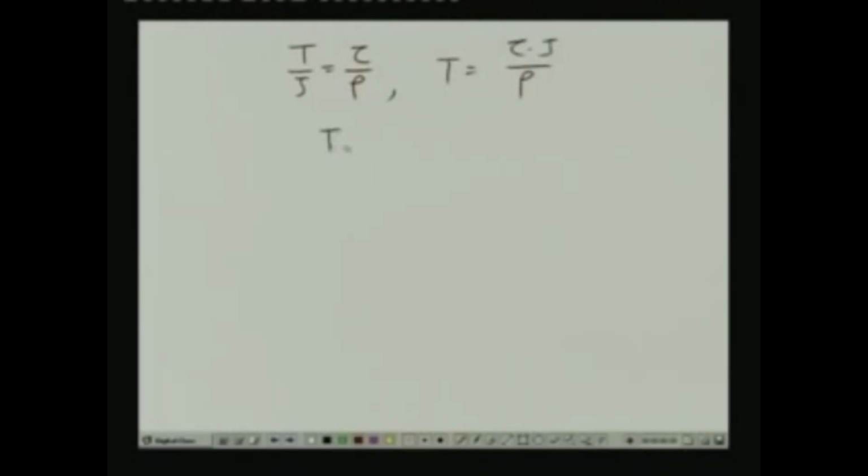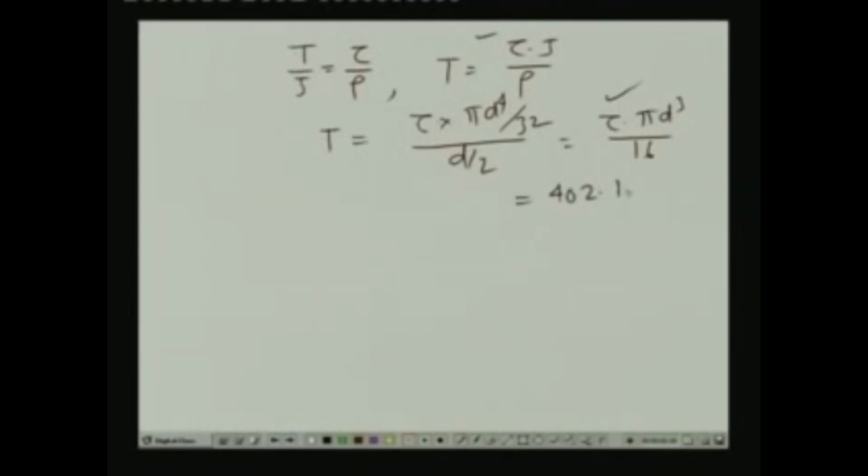So T, when we need to satisfy the stress criteria, is equal to tau into pi d to the power 4 divided by 32 times d by 2, which is equal to tau times pi d cube by 16. If we substitute the value of tau, which is limited to 32 MPa, that comes as 402.124 Newton meter.